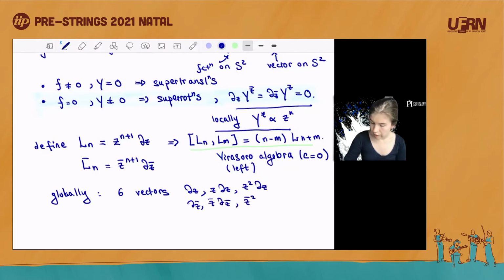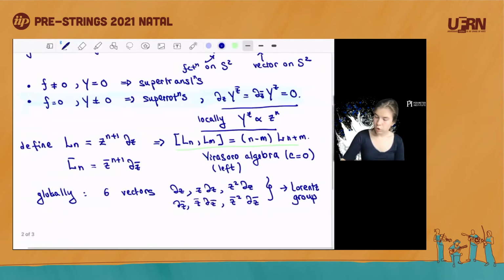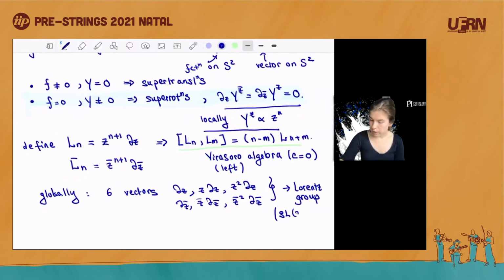And these generate the Lorentz group, or equivalently, their algebra is the SL2C algebra.